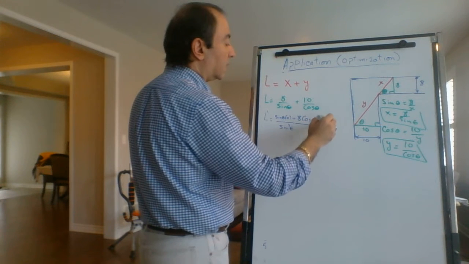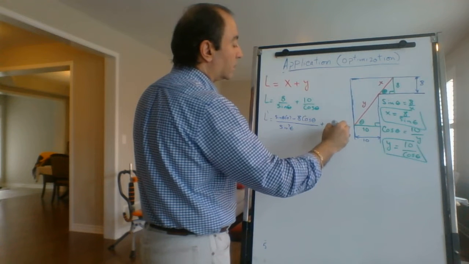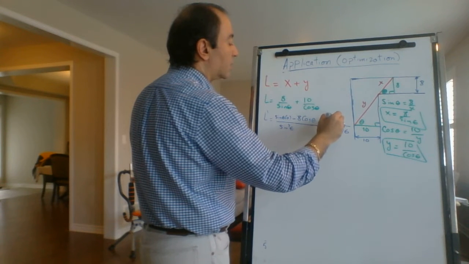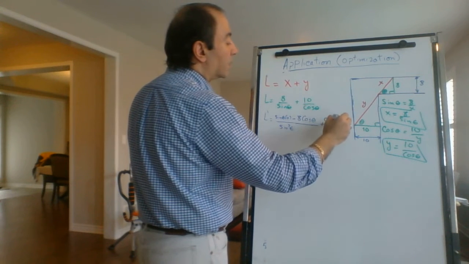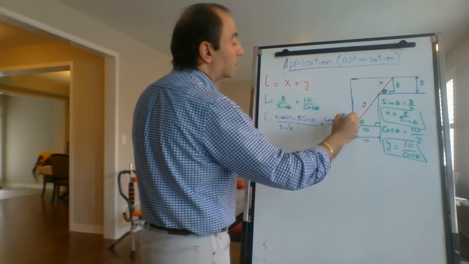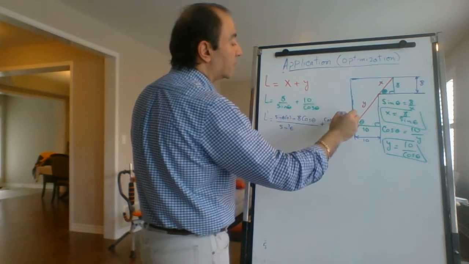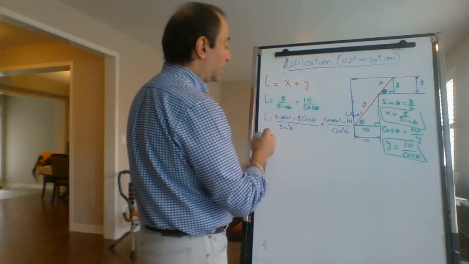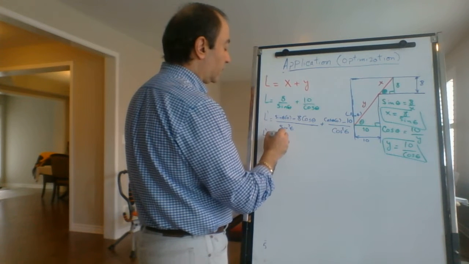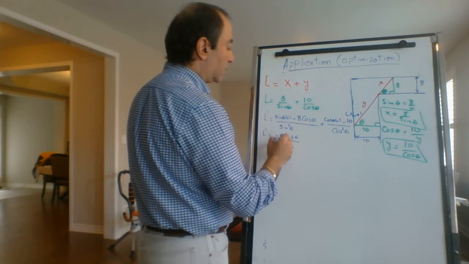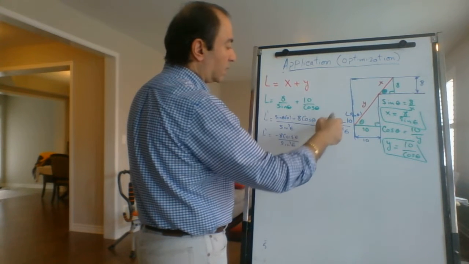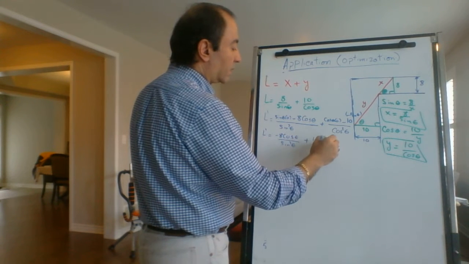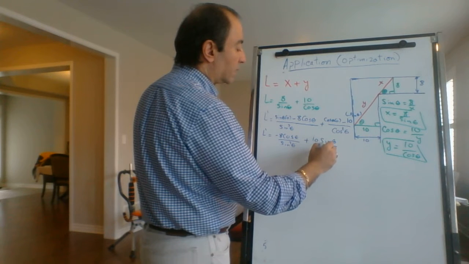Plus low squared, low d high, which will be cosine theta times 0, minus high d low, the derivative of cosine is negative sine. Okay, so L prime will be negative 8 cosine theta over sine squared theta. This minus and minus will be plus 10 sine theta over cosine squared theta.